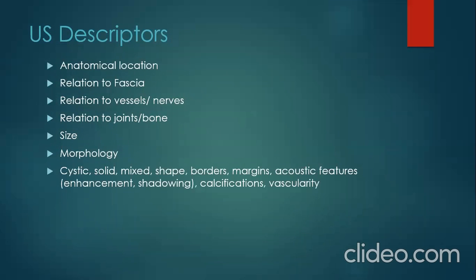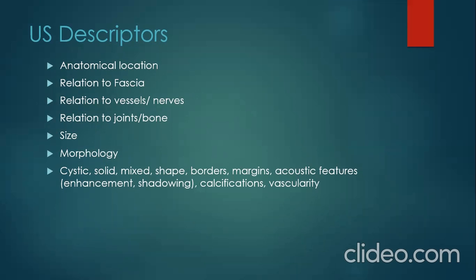And on describing our lesion, the ultrasound descriptors that we use include anatomical location, the relation of this lesion to the fascia, vessels, nerves, joints or bones, if there are any. Then you need to note down the size of your lesion, and you need to check on the morphology of your lesion. Is your lesion cystic? Is it solid?